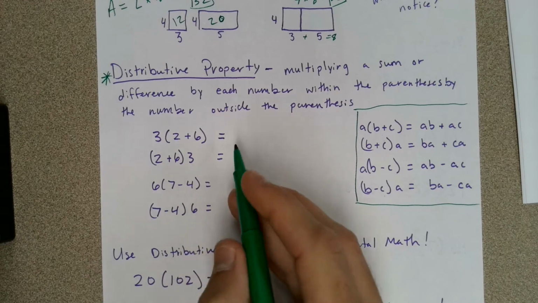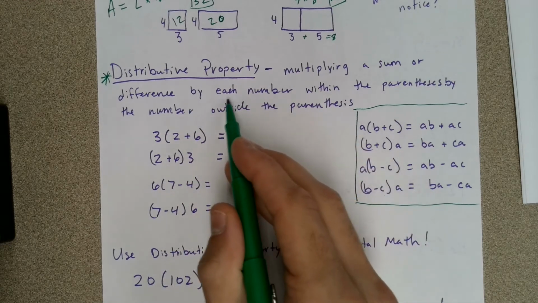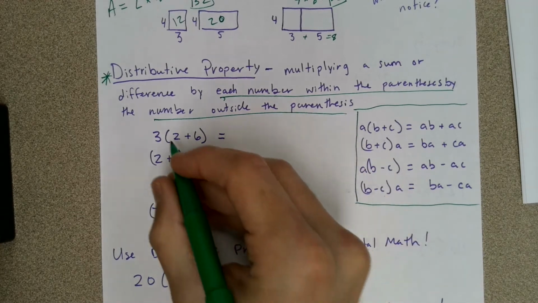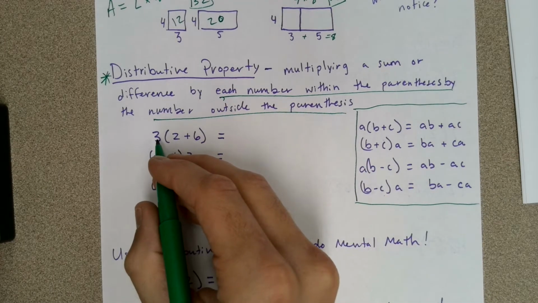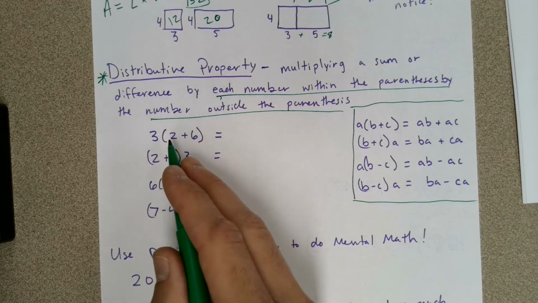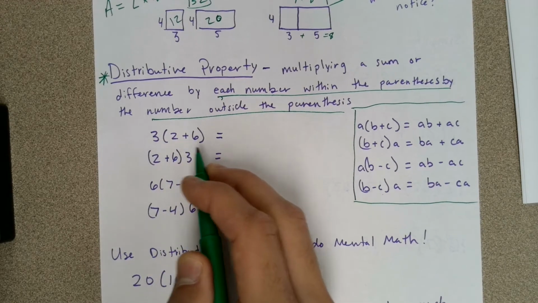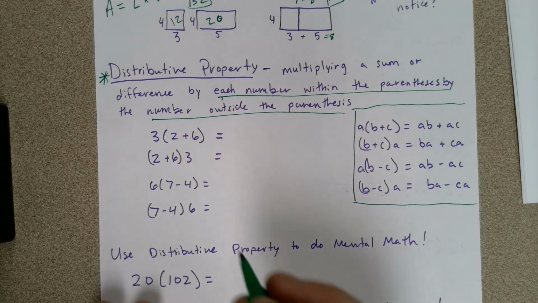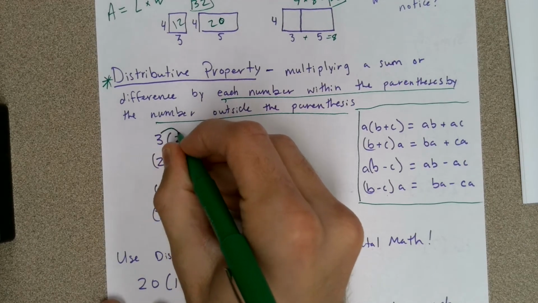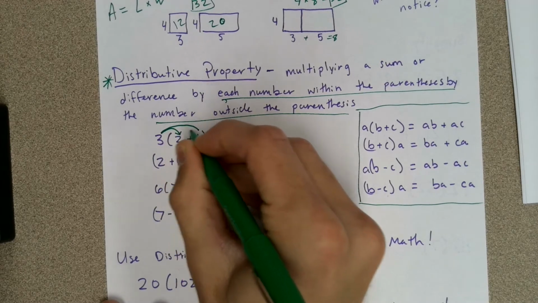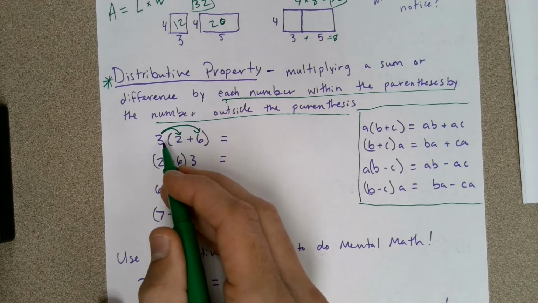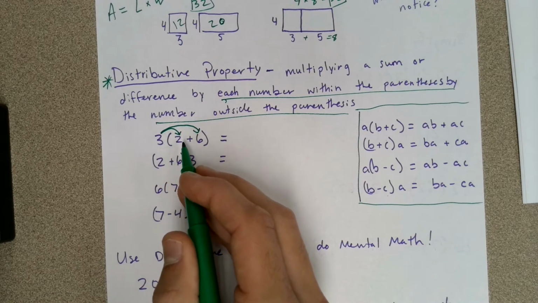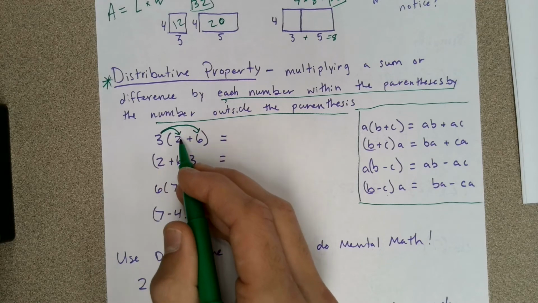So basically our rule is telling us multiply each number within the parentheses by the number outside the parentheses. So I have in the parentheses a 2 and a 6. Outside I have a 3. I know typically you would start this problem by doing 2 plus 6 equals 8. We're going to not do that today. I know, crazy. What we're going to do today is we're going to try to do this, our distributive property. What happens is we take this number outside and we multiply it by the first number inside.